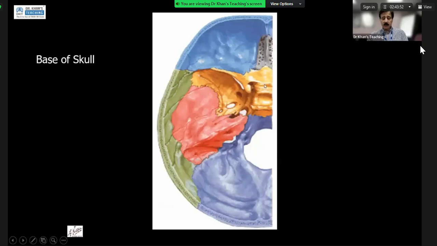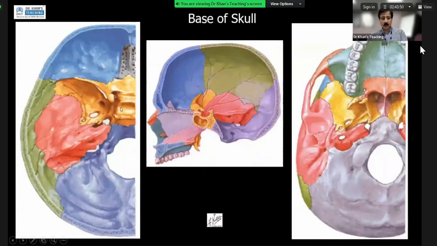Now, this is the sphenoid bone. Sphenoid bone is a very complex bone. Key parts: this portion here, the midline portion, is known as basisphenoid. Then there is a lesser wing. So this is a lesser wing of sphenoid.